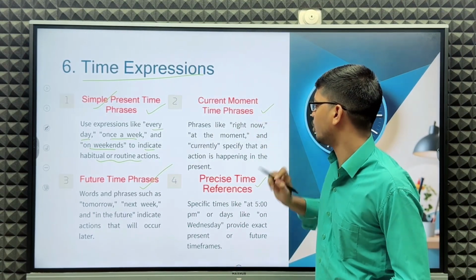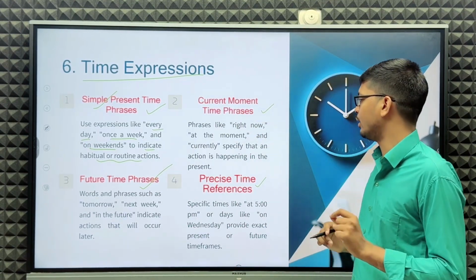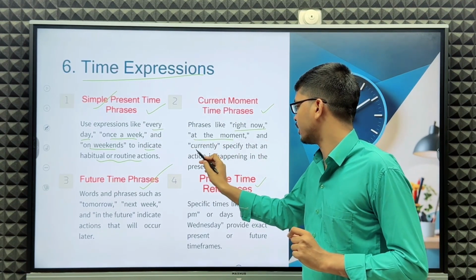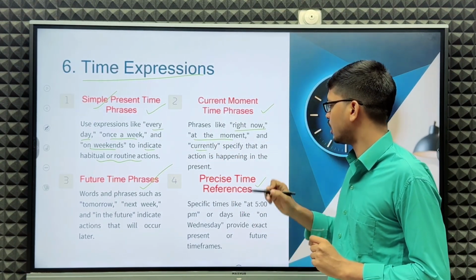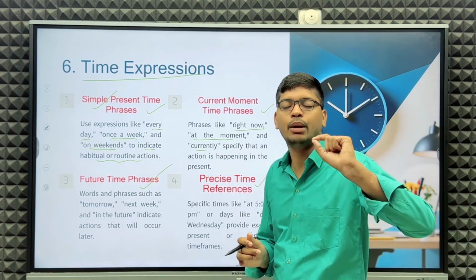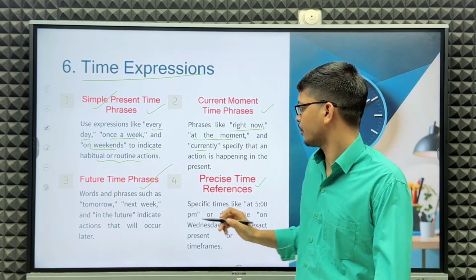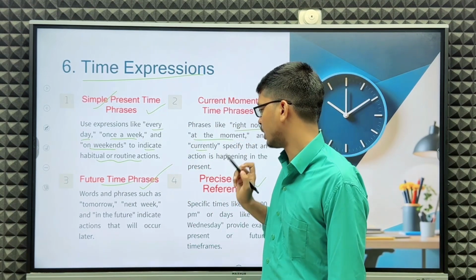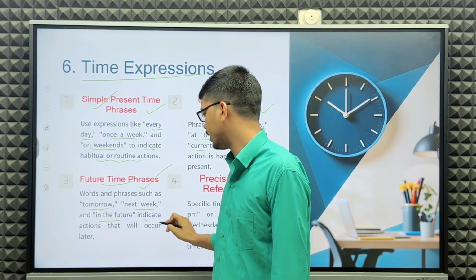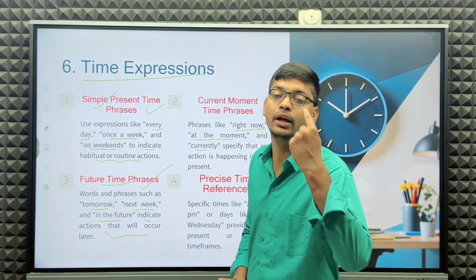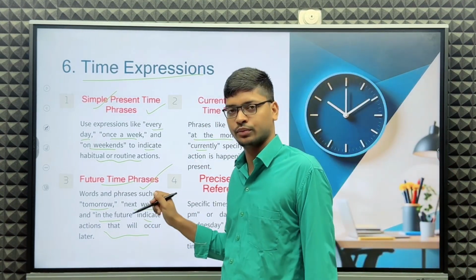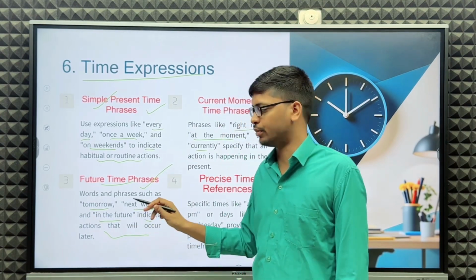Next, current moment time phrases, like right now, at the moment, currently. With these phrases we have to use simple present tense. Future time phrases like tomorrow, next week, in the future indicate actions that will occur later, but we can also use simple present tense with them.